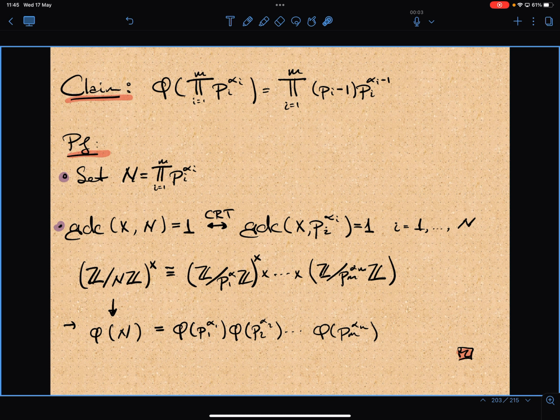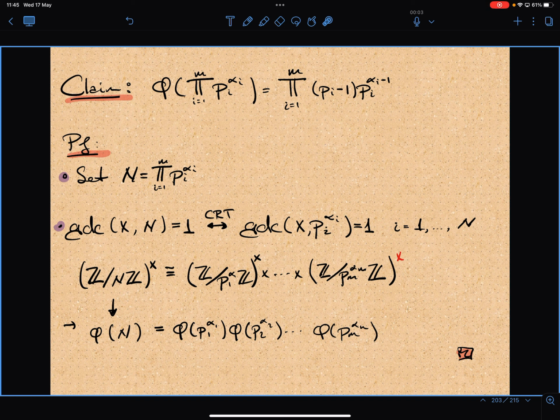So with this dictionary, we can go back and forth. The phi function was measuring the size of this set, and by the Chinese remainder theorem, it's equivalent to the size of this set, where each of them has a GCD equal to 1.